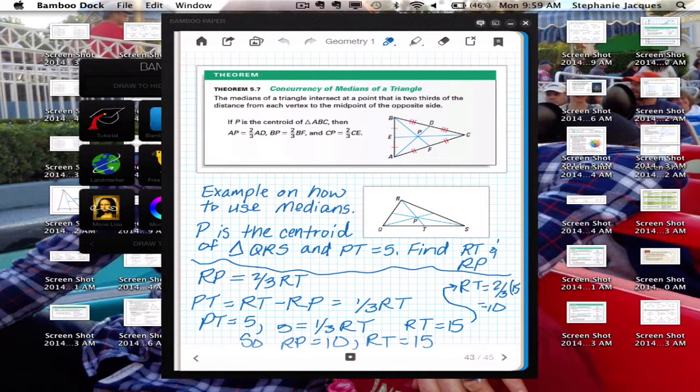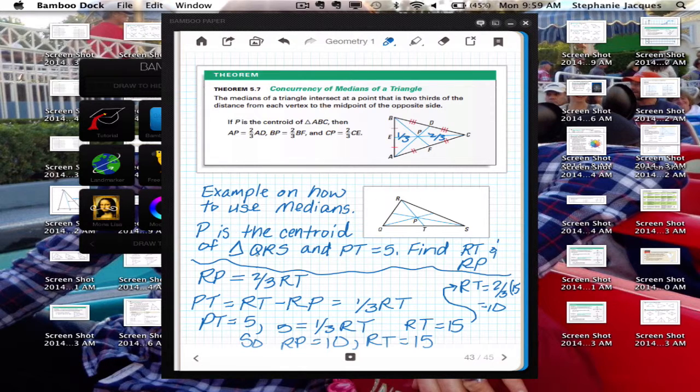And BP is 2/3 of BF. And CP, going from C to P, is 2/3 of CE. So you're starting at the vertex, and you're determining it that way with the 2/3. So if this is 2/3 the length, this one must be 1/3, right?